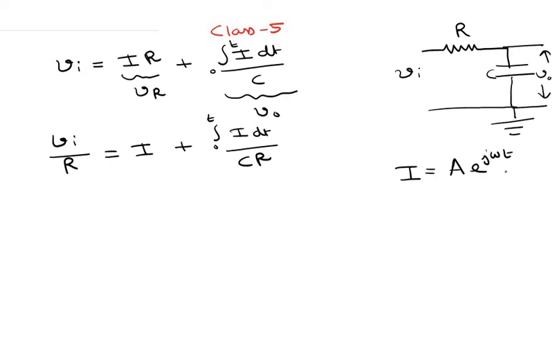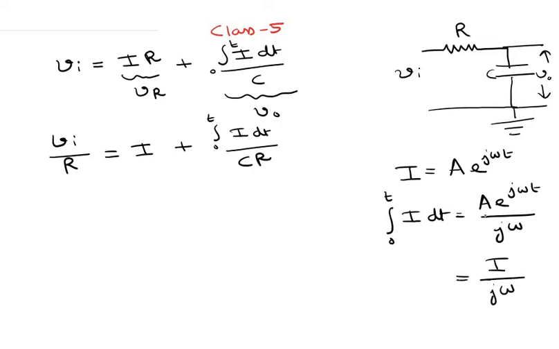If I has the form a e to the power j omega t, then integral 0 to t I dt is basically a e to the power j omega t divided by j omega, which is basically I divided by j omega. Okay, this part is basically I. So I divided by j omega. So I replace this part here by I plus I by j omega CR.